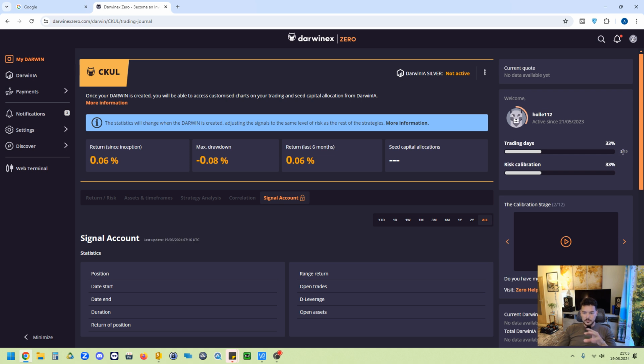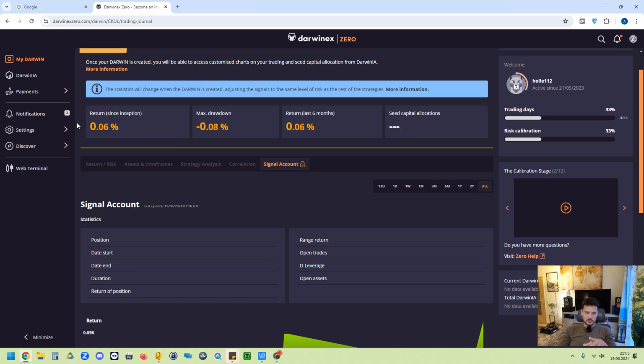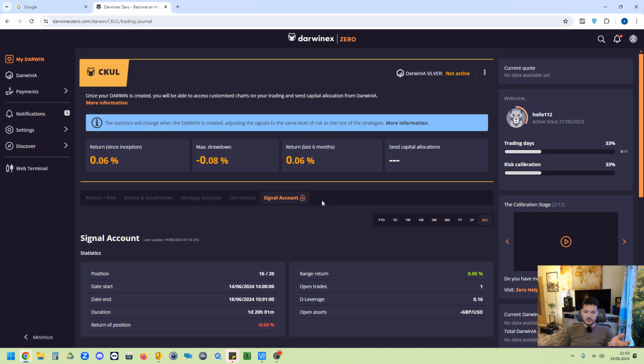So we have 5 of 15 days. We have a very small return, very small max drawdown. I think those numbers are not correct. At least they don't coincide with the report that we just saw. Yeah, but not enough to have good statistics. Well, so I think that's it for now.